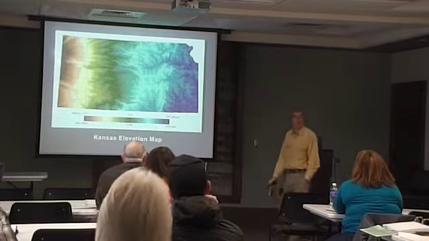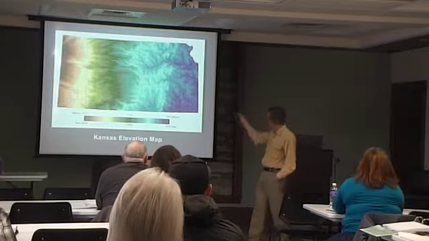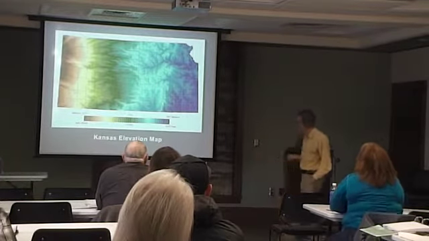In addition, the rocks that underlie Kansas are not exactly flat. They're pretty flat, but they're actually dipping slightly to the west. Okay, so the ground is going up this way, exaggerating, but the topography is going up, but the rocks are dipping this way.